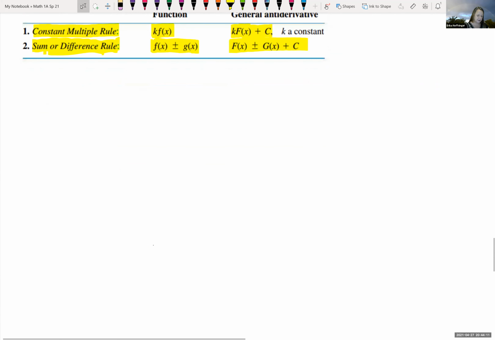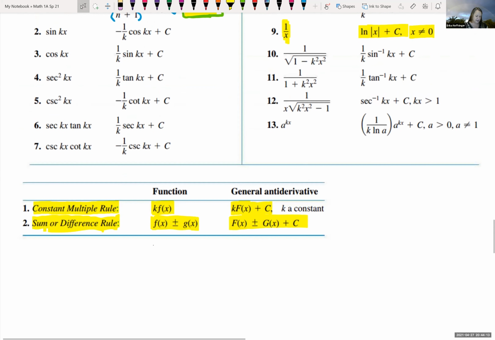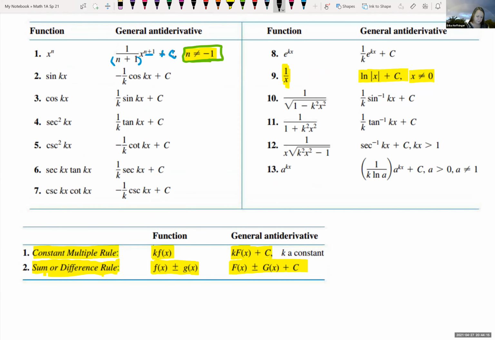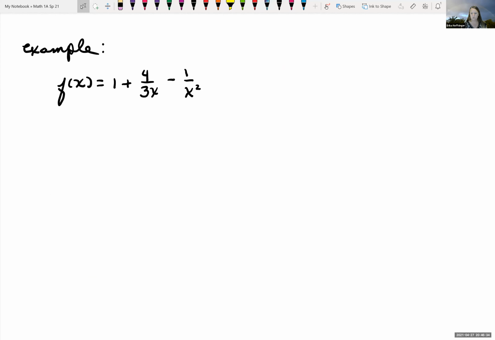Okay, so let's look at an example. So we have little f of x is equal to 1 plus 4 over 3x minus 1 over x squared.